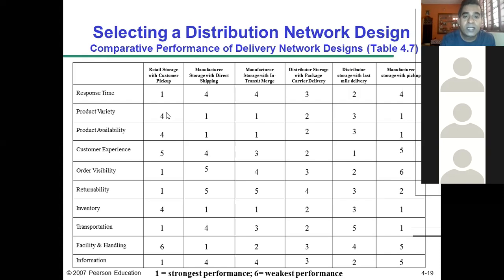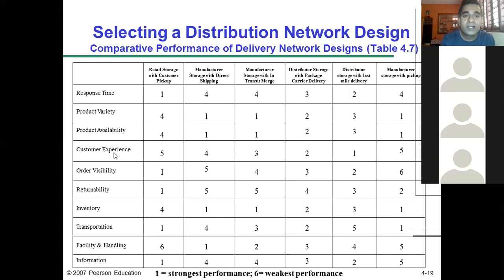So a retailer makes available only a small part of the entire assortment inside the store. Whereas in case of manufacturer storage, the warehouse will be of large capacity, and since the inventory is centralized, the product variety available will be maximum. That's why both manufacturer storage with direct shipping and manufacturer storage with in-transit merge score 1. 1 means strongest performance.